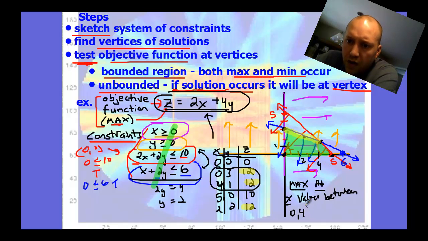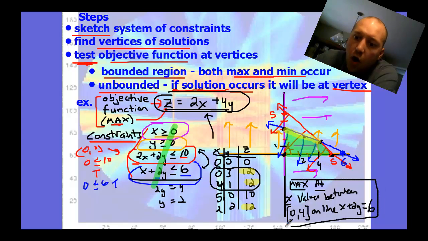We're going to include those values, so that's the interval notation, on the line, and we can state the line they're on, x plus 2y is equal to 6. So these would be all the possible points that would maximize that z function.